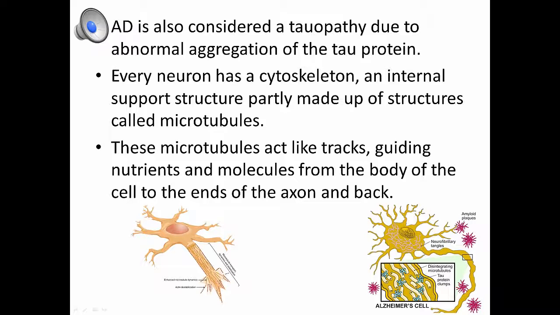Alzheimer's disease, while characterized by the accumulation of beta amyloid, is also characterized by the abnormal accumulation of tau protein. Every neuron has a cytoskeleton, an internal support structure partly made up of microtubules. These tubules act like tracks, guiding nutrients and molecules from the body of the cell to the ends of the axon and back.